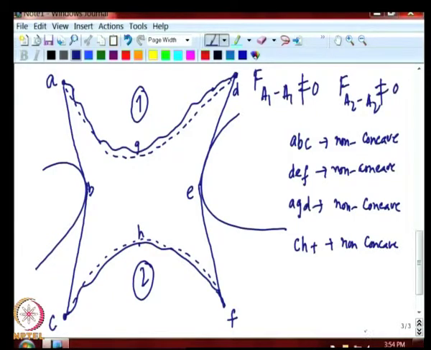So, now we have created a rectangular enclosure with non-concave surfaces.